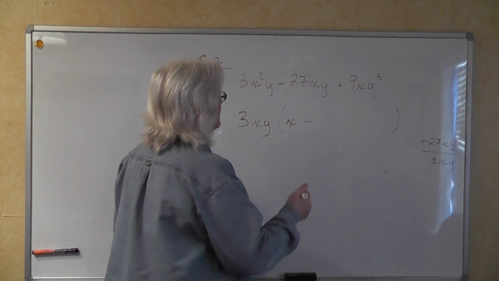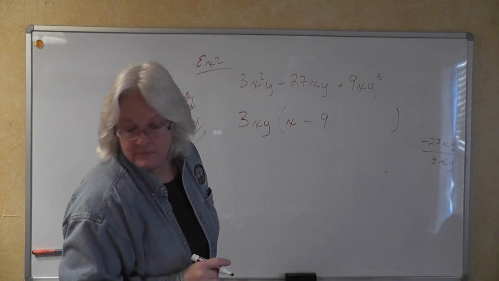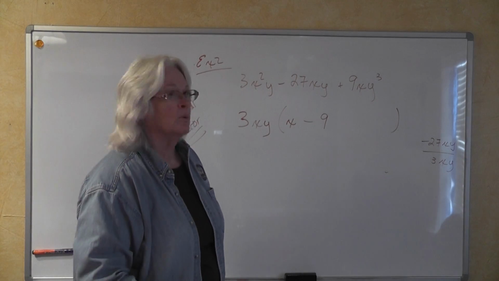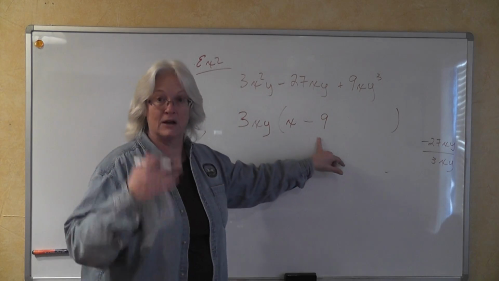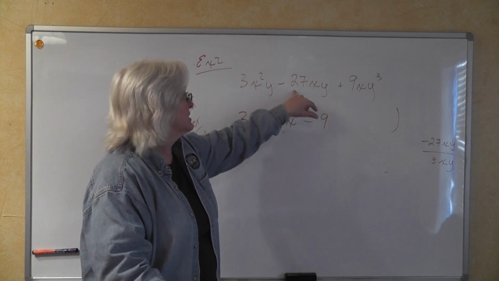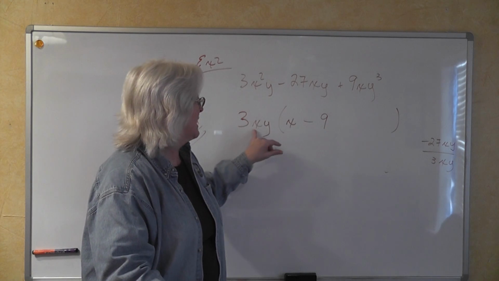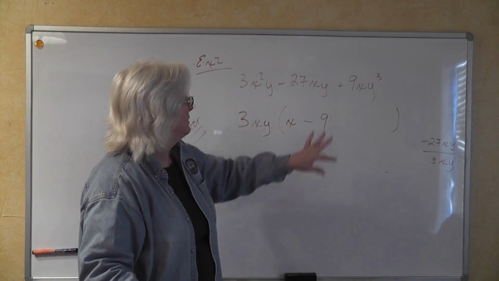It's a negative 9, isn't it? x minus 9. Now, what do I have? 3xy times a negative 9. I'm checking this back already. 3 times negative 9 is a negative 27. x times y times 1, there's xy.